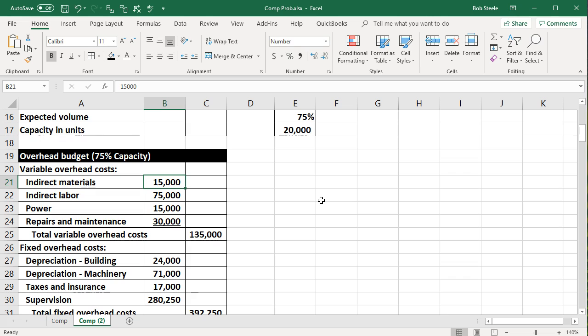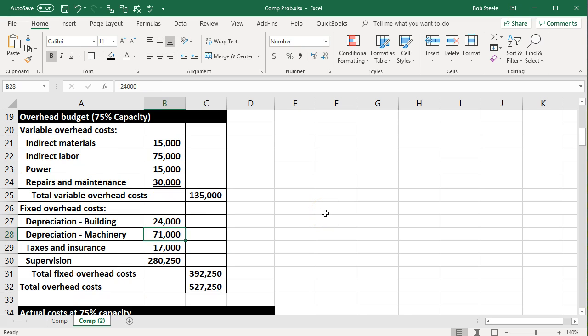We've got the variable overhead costs: indirect materials, indirect labor, power, repairs, and maintenance. That's going to give us the 135,000 total variable overhead costs. Then we've got the fixed overhead costs: the depreciation, taxes, insurance, supervision, total fixed overhead costs. And then that'll give us the total overhead costs, which of course is the variable and the fixed components.